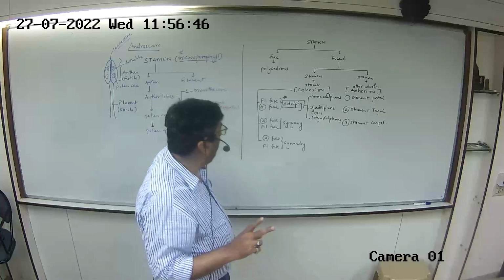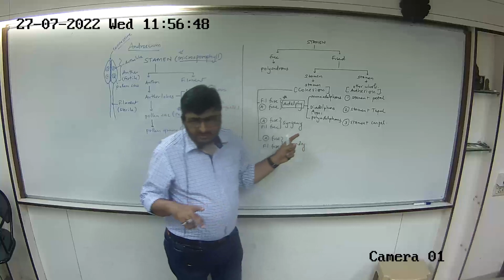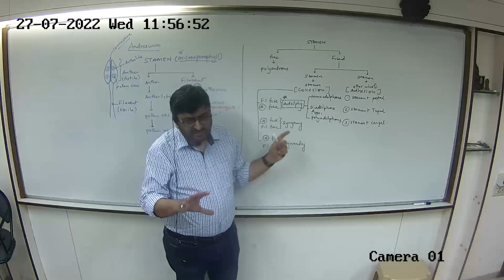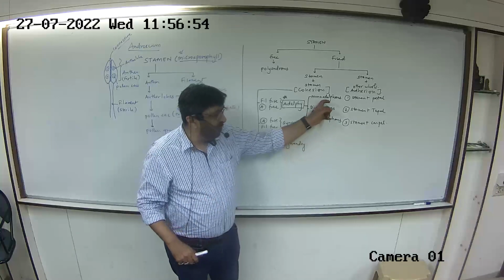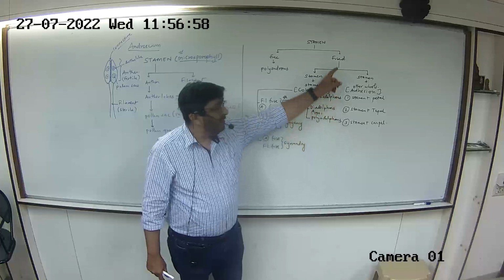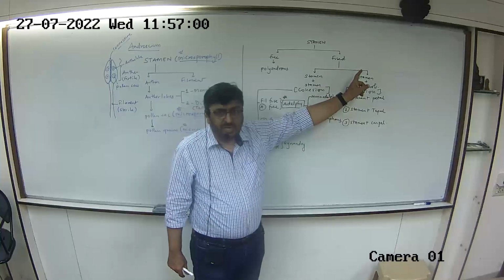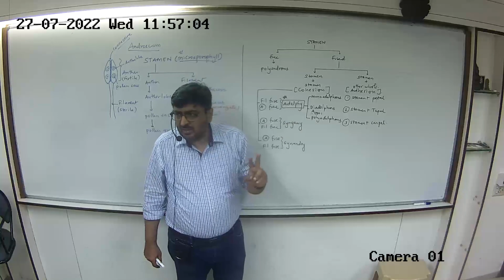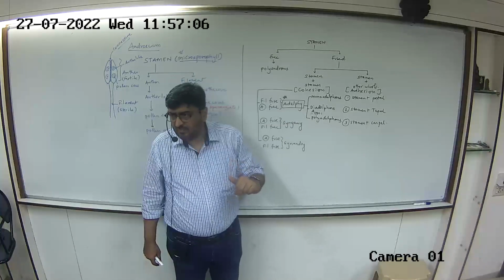The example for polyadelphous is citrus. Citrus, yes, jungle citrus family. Okay, so we have monoadelphous, diadelphous and polyadelphous. So tell me, fusion is of how many types? 2. Cohesion and adhesion. Cohesion means stamens fusing amongst themselves.